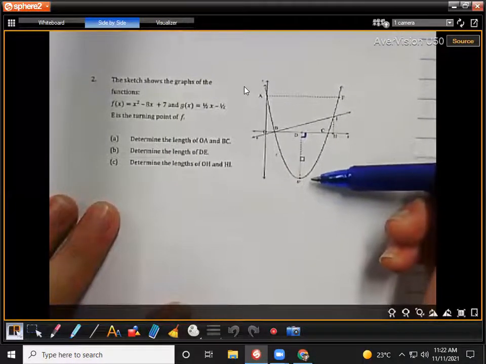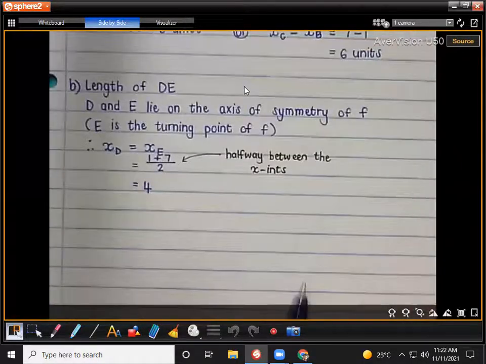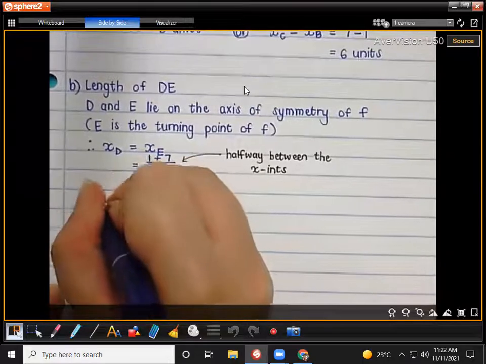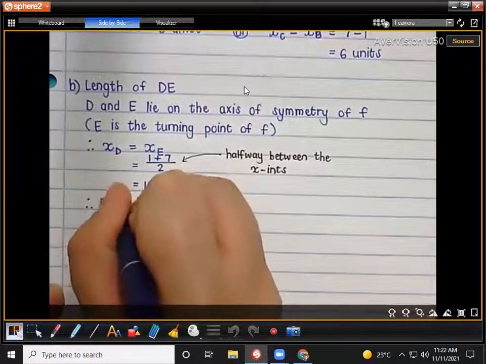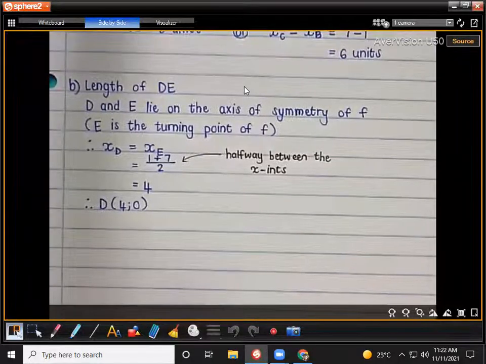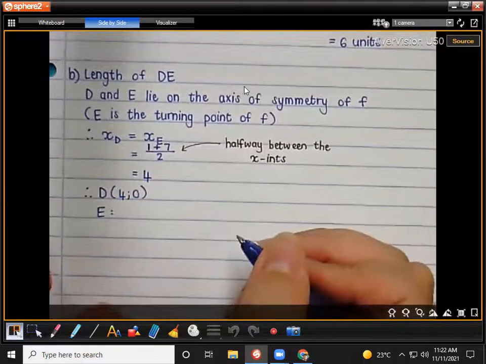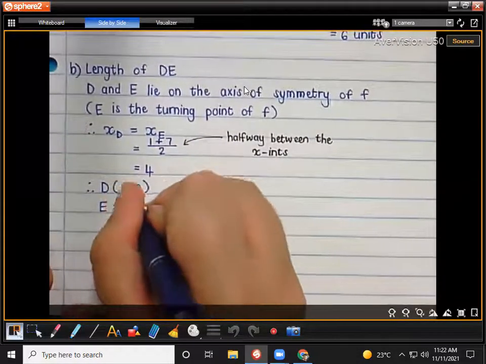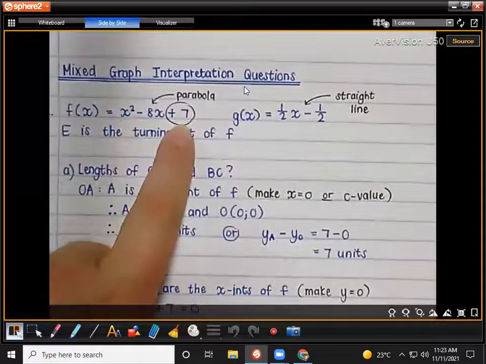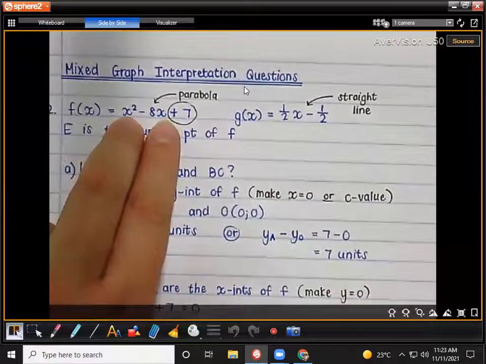Turning point, so I'm going to sub X equals 4 into the equation of the parabola. So therefore D is the point (4, 0). To find E, we have to take the equation. So that was Y equals, just going to show you at the top, this was the equation of the parabola. So I'm going to put 4 now for X. All right, I'm going to substitute X equals 4 here because that's the X value of the turning point.